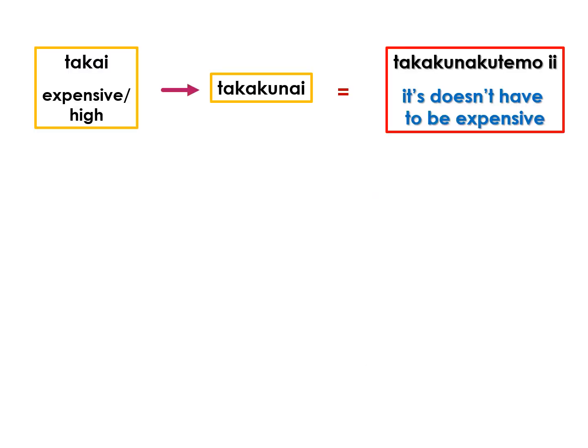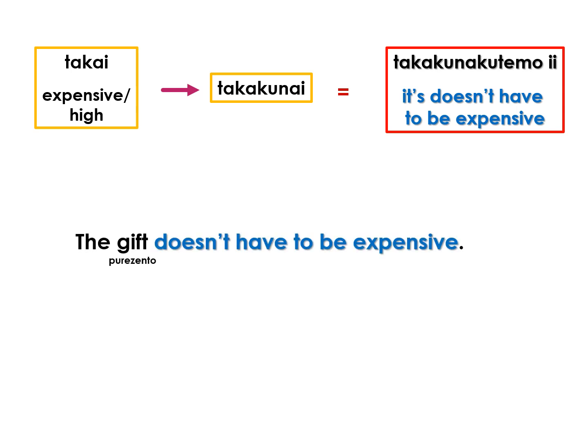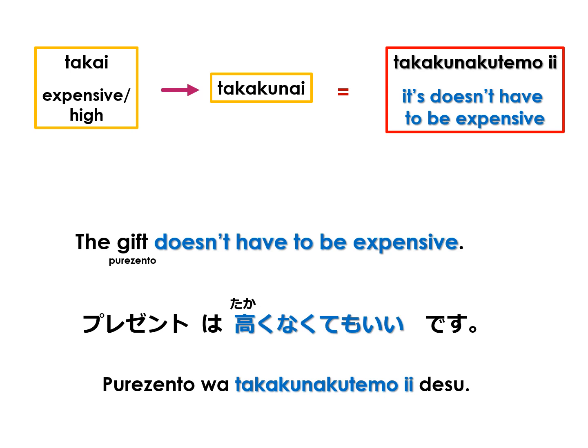And using it in a sentence, the gift doesn't have to be expensive. In Japanese, プレゼントは高くなくてもいいです。Another i-adjective example. Atsui means hot, and its nai form is atsukunai.